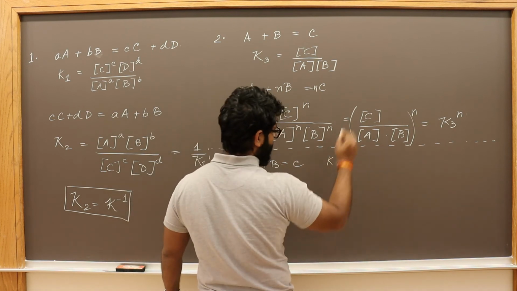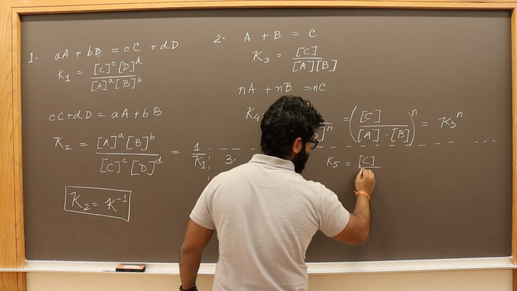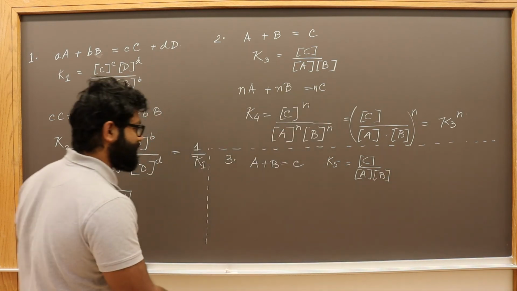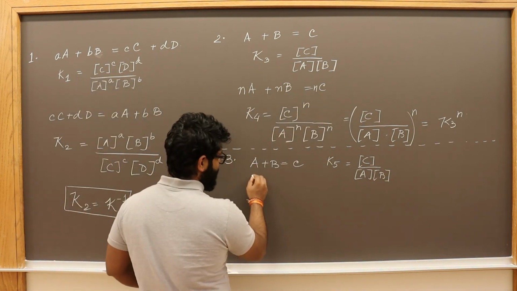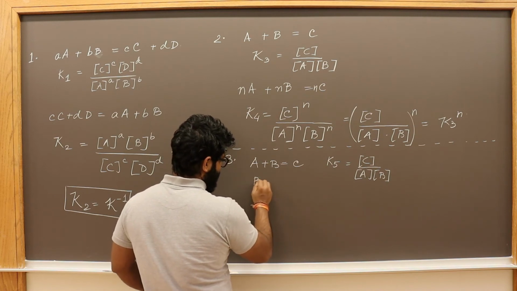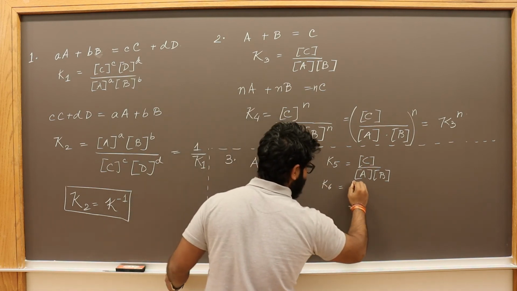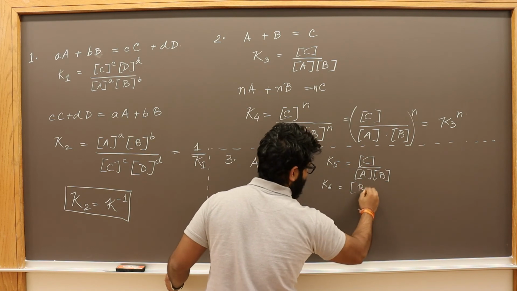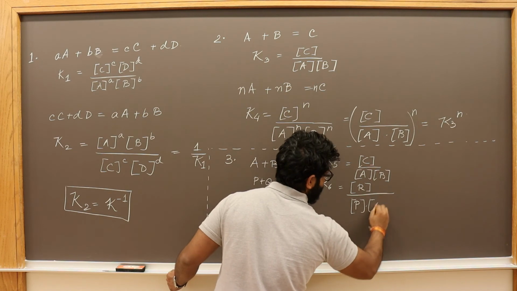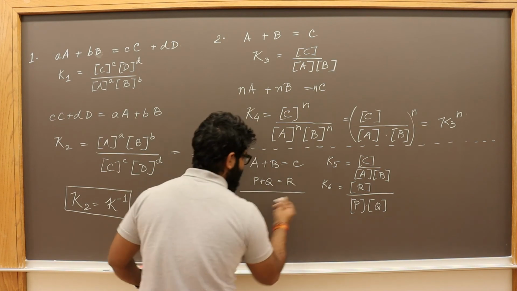So in here, let's assume K5 is C over A and B. Okay, let's take another reaction in which you have P plus Q gives R, and the K6 is simply R over P times Q.